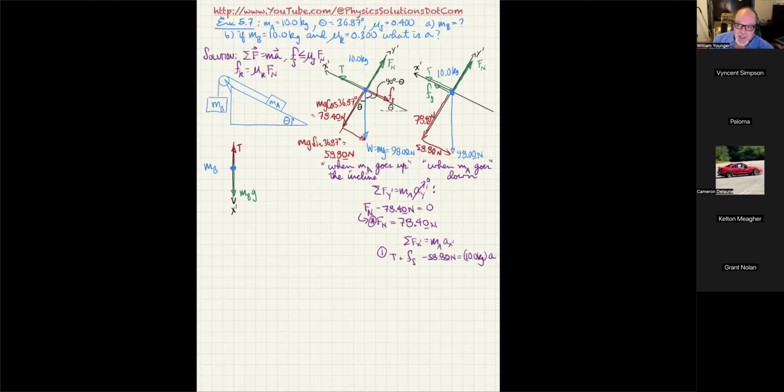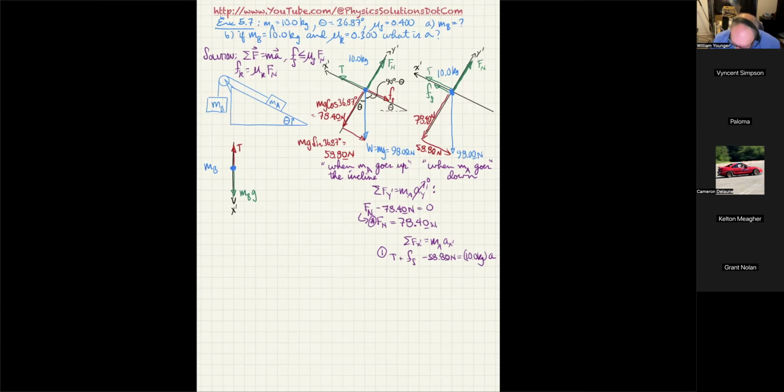Now I need that to happen when we're actually at a maximum strength of the static friction force. So instead of just calling it F sub S, where the static friction force has to be less than or equal to mu sub S times F sub N, I'm going to let it equal mu sub S times F sub N, because in that case, it's the largest it can be. And I'll just solve for the tension.